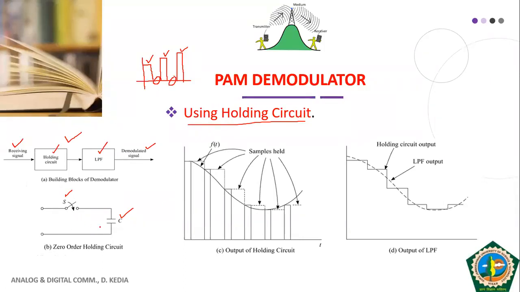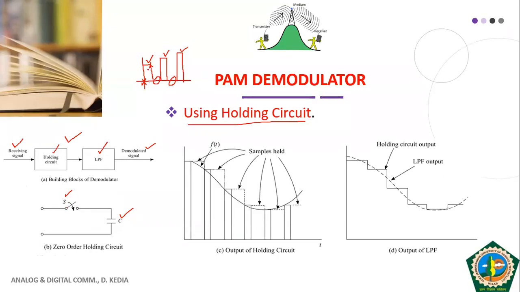The holding circuit closes its switch at the beginning of the pulse. Whenever a pulse is entering our circuit, we close the switch. As soon as the switch is closed, obviously our capacitor will be charged to the amplitude of the pulse.